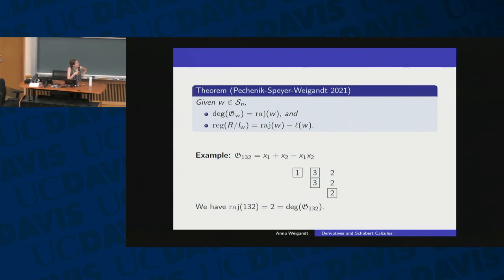And in particular, we wanted to find the Castelnuovo-Mumford regularity. This is just this statistic minus the Coxeter length. So here's a tiny example with W being 1, 3, 2. We have this Grothendieck polynomial. It's degree 2. And then we could play this game. We get 2 unboxed things, which matches that, which is great.